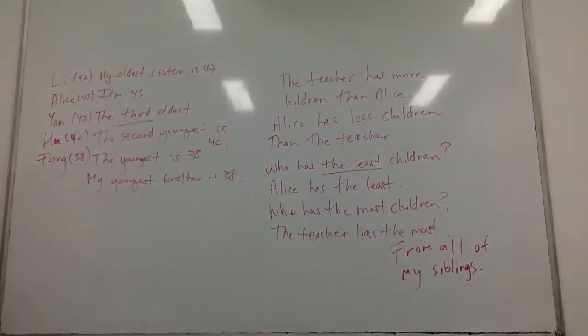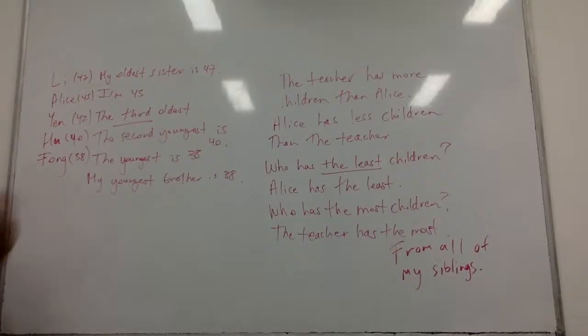So here, now you have all the information organized. Instead of saying, and another brother, and another sister, you lose count. But if you go, the oldest is Lee, my oldest sister, is 47. I'm the second oldest.